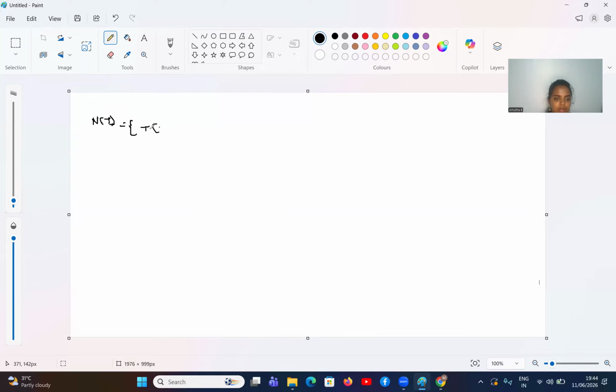So, we are going to collect the X's first, X belongs to V such that T of X equals 0. The map is from R2 to R2. So the set of all X comma Y belongs to R2 such that T of X comma Y equals 0 comma 0.